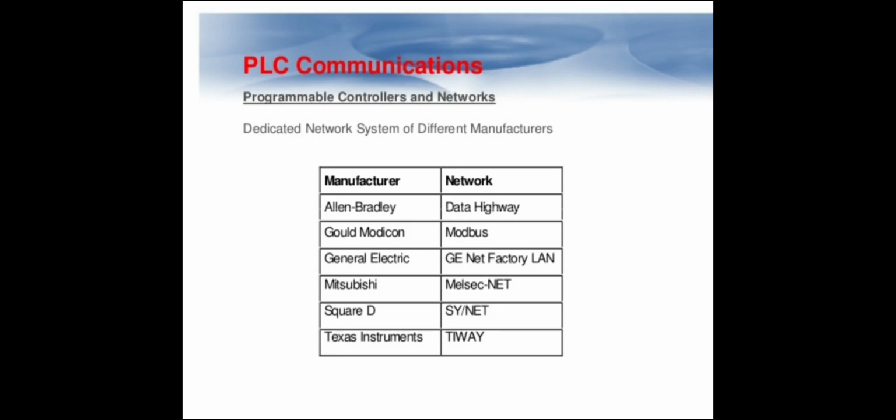For Mitsubishi, the MELSEC-NET is used. Then for Square D, the SY/NET is used. And for Texas Instruments, TIWAY is used. So these are some dedicated networks for dedicated manufacturers of PLC.